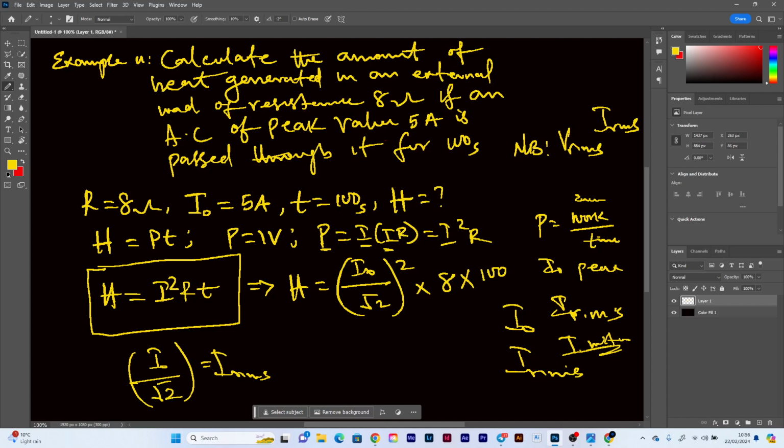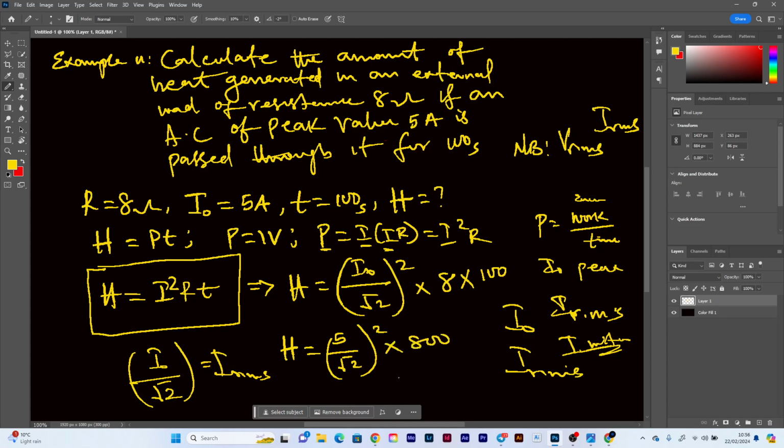Now, if this time is in minutes or hours, then you have to convert it to seconds before you use it. Am I making sense? So H is equal to, what's our I? That's 5. So we have 5 all over root 2, all squared, multiplied by 800.